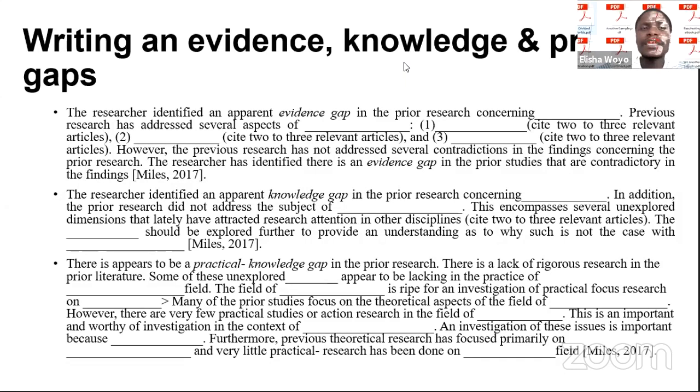Previous research has addressed several aspects of this and that, and you try to cite two relevant articles, preferably quite recent, or articles that show the trend in which things were done. Then you try to cite two or 3.